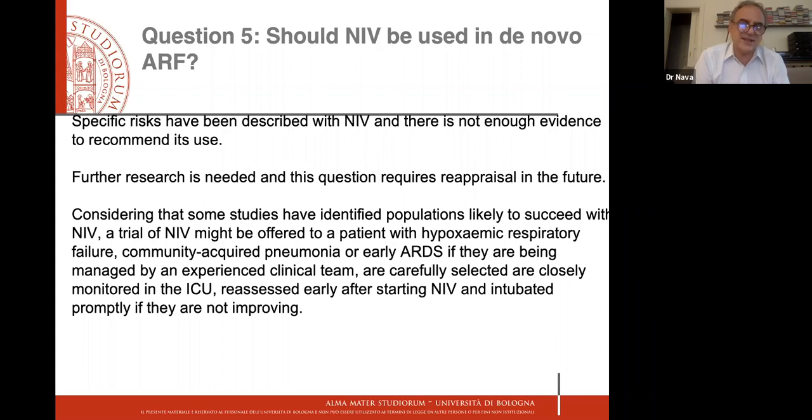Obviously, further research is needed, but considering that some studies have identified populations likely to succeed with NIV, a trial of this device may be offered to a patient with hypoxic respiratory failure, community-acquired pneumonia, early ARDS, if and only if they are being managed by an experienced clinical team, carefully selected, closely monitored in the ICU or similar, and assessed especially early after starting NIV, to avoid what Dorando Pietri, the marathon man of Italy in the Olympic Games, did almost 100 years ago.